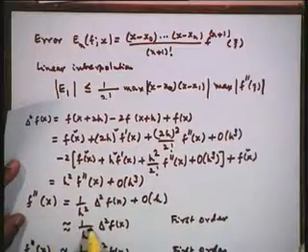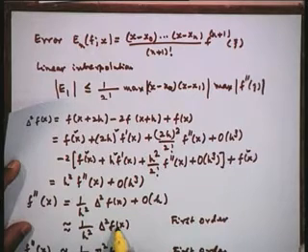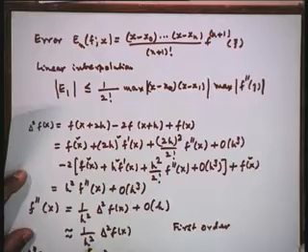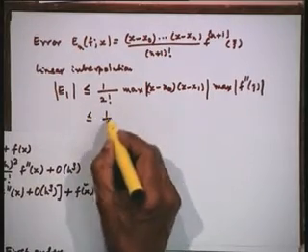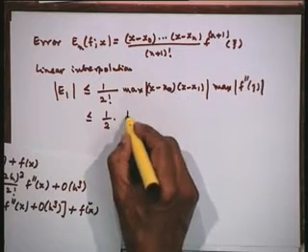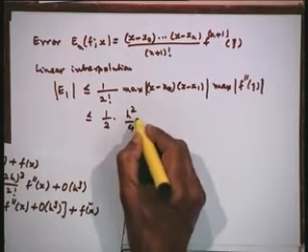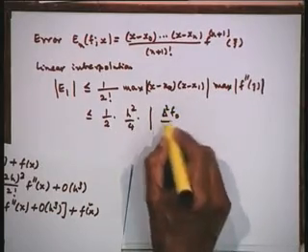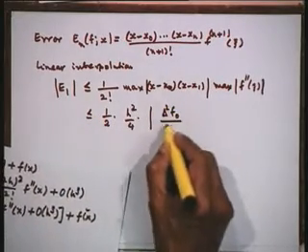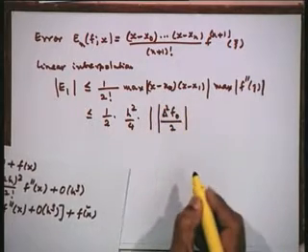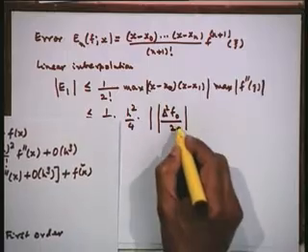Now, we have just now proved that the second derivative is approximately 1 upon h square delta squared f. That means, I can now replace this f double dash by delta squared by h square. So, this will be less than or equal to 1 upon 2. The maximum of this we have proved occurs at the middle point, that is equal to h square by 4, and therefore, this is approximately equal to delta squared f naught by h square also I should write.